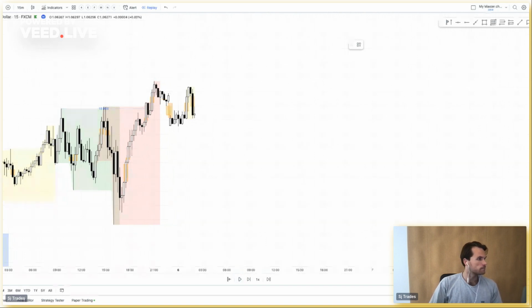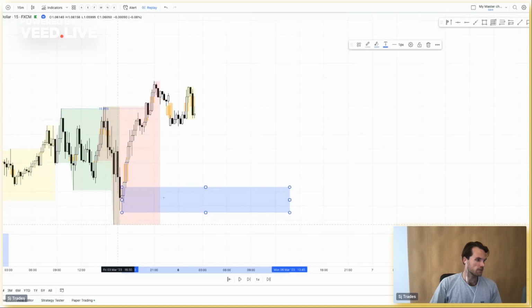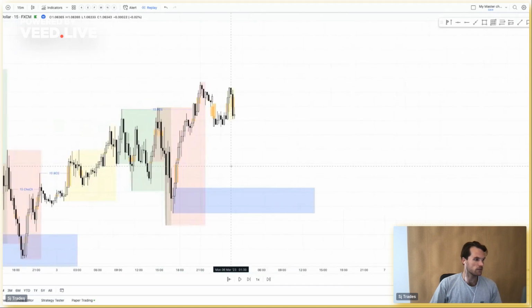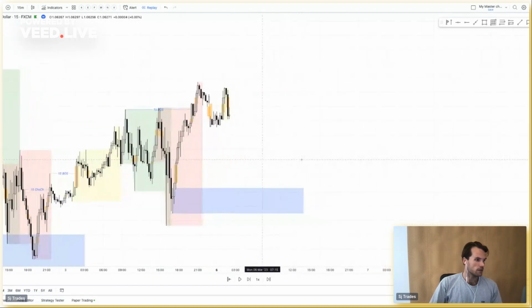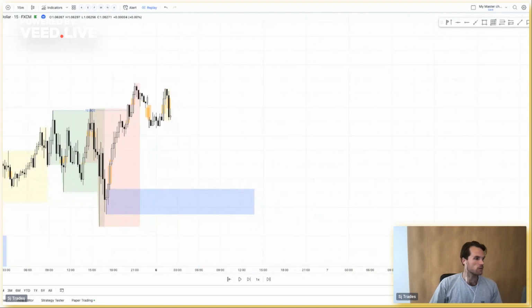Technically, could look at this, however, this wick low. So I would be looking for maybe some chalk out of here or this high to be broken.